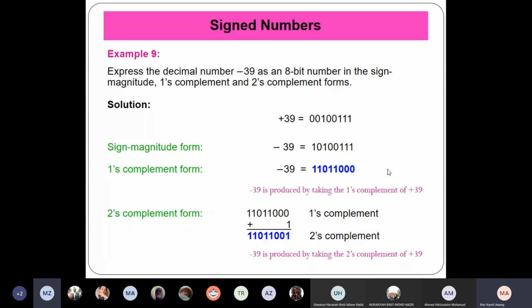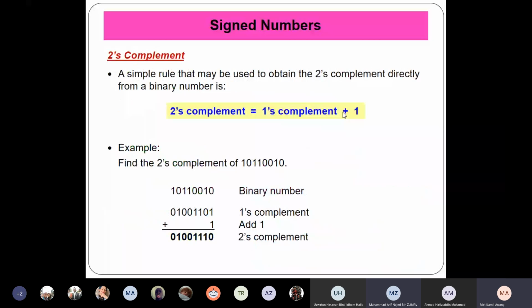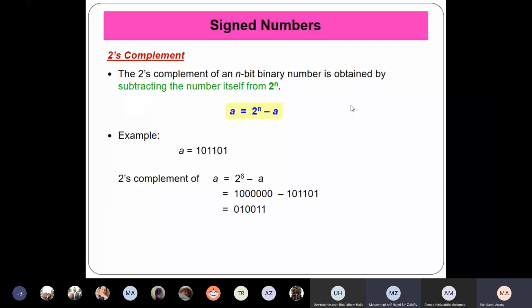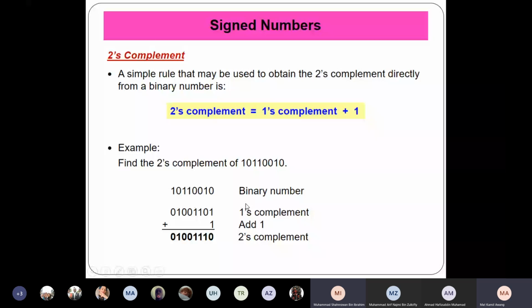That is the ones complement. Now, the easiest way for you to do two's complement. This is another way, a simple rule of doing the 2's complement.